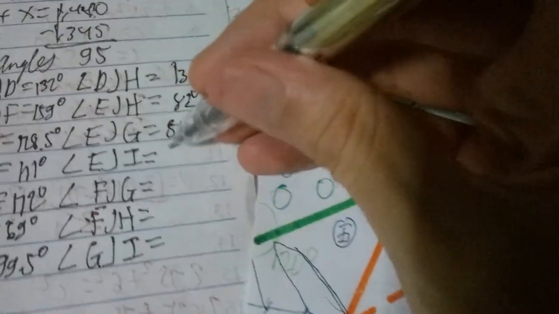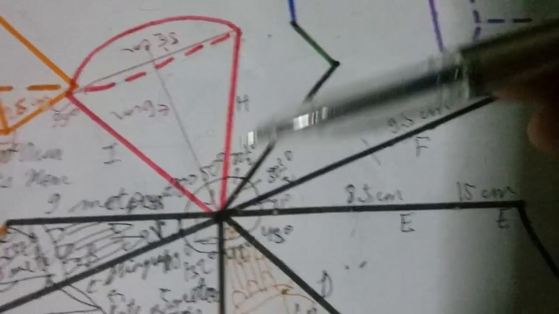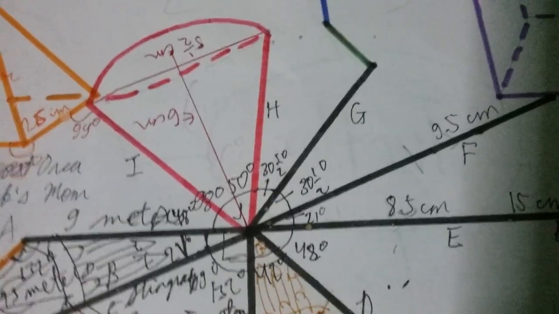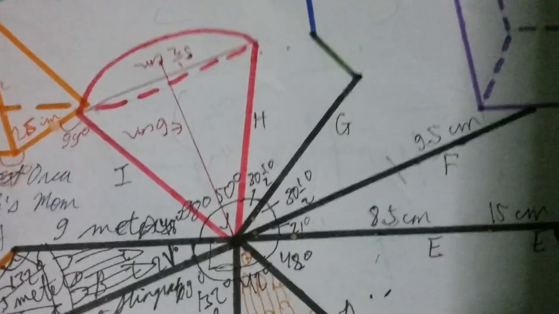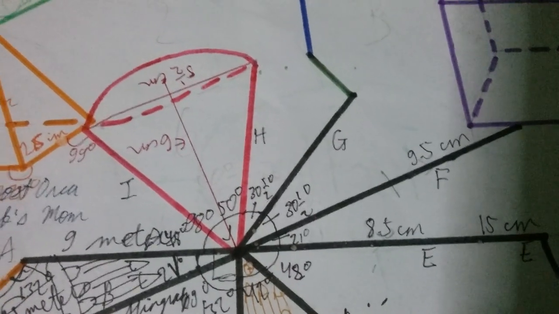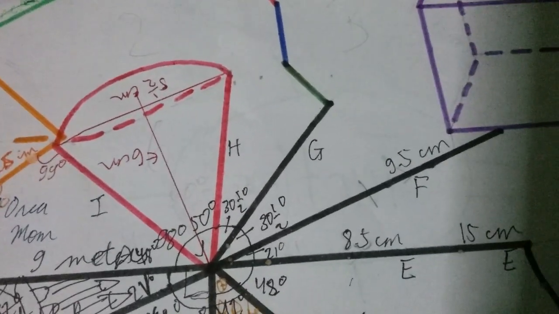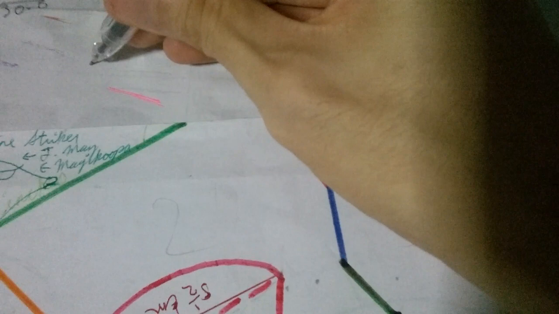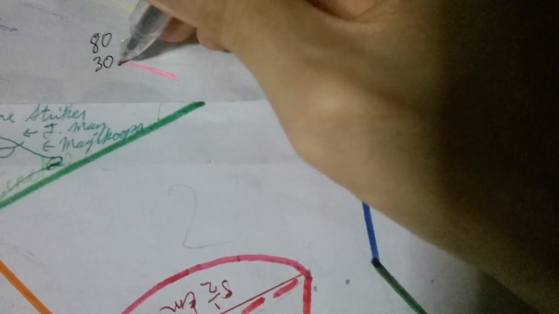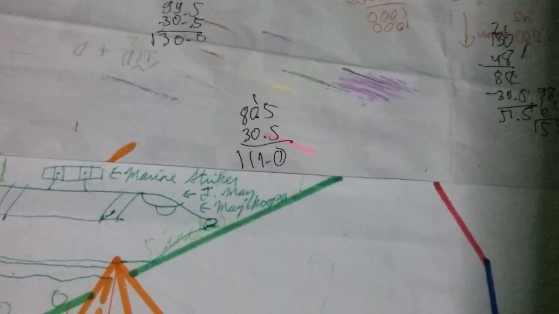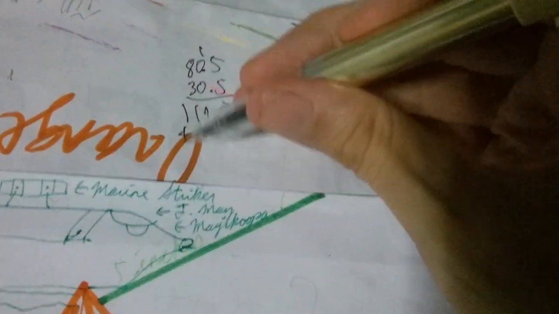Or you just add the 50 degrees plus 30 and a half, and then plus another 30 and a half. This becomes 111. And then plus the 21. So, correct, 132.